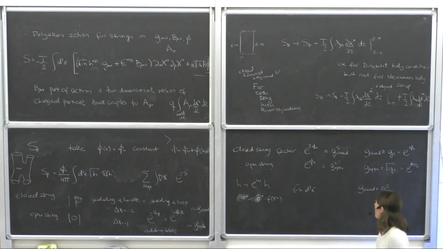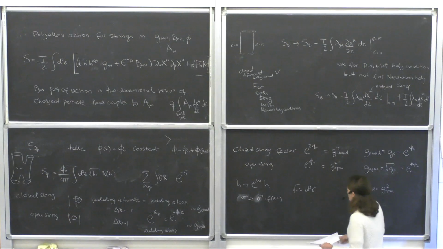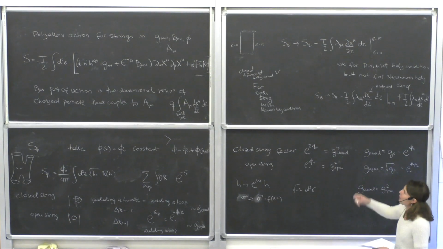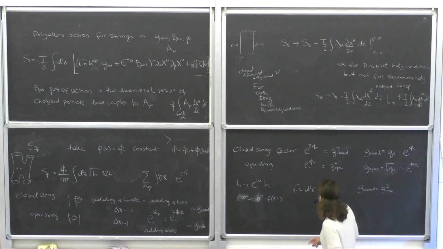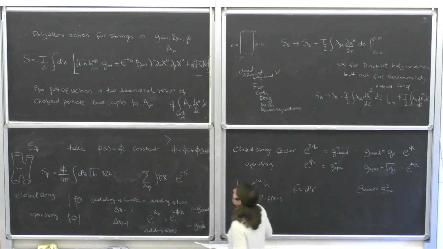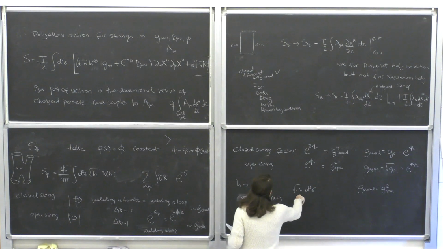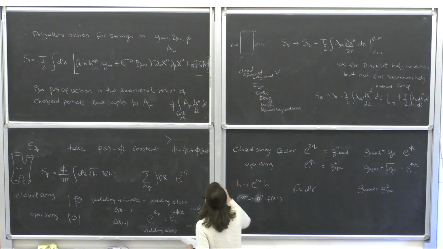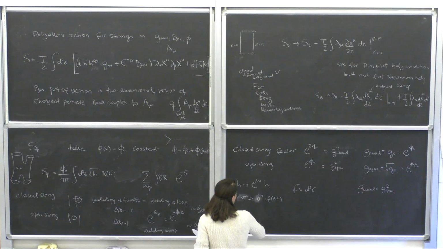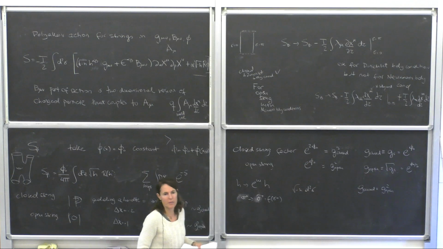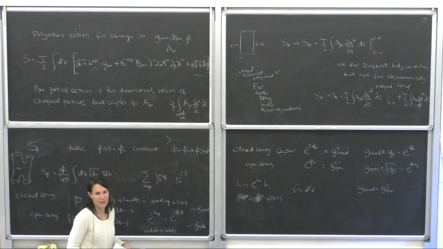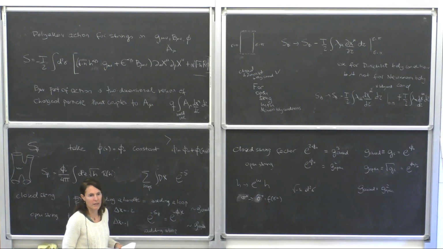No, you have both. So for the action to be invariant, you're saying, okay, I have this, and then I have R that transforms. But R is a scalar under reparametrizations. It's diffeomorphism invariant.